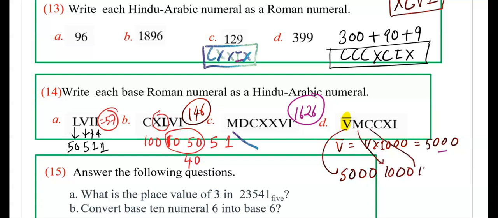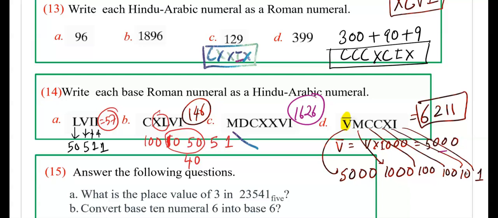This C is going to be 100, this C 100, this X 10, this I 1. Now, you see that in this sequence of numbers, everything is decreasing. There is no smaller value in front of a larger value. If we add all these numbers, this gives you 6211 as a Hindu-Arabic numeral. All right, that's question number 14.